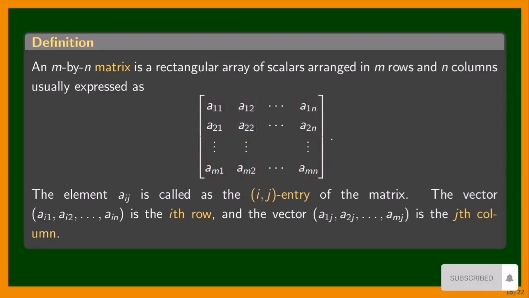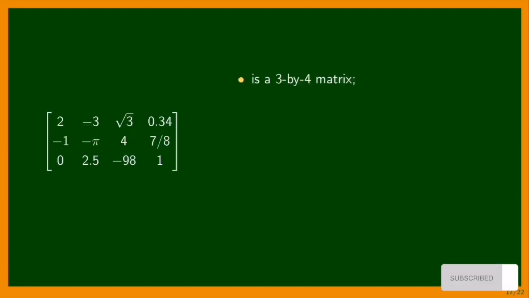Later on, the rows we will write in this manner, but for now, not yet. And the columns, we will literally stand them up, since they are columns. But for now, we shall adopt the vector notation. For example, this matrix is a 3 by 4 matrix. Can you tell why?